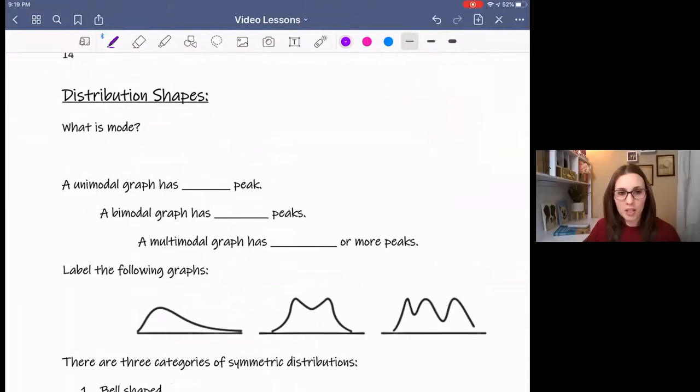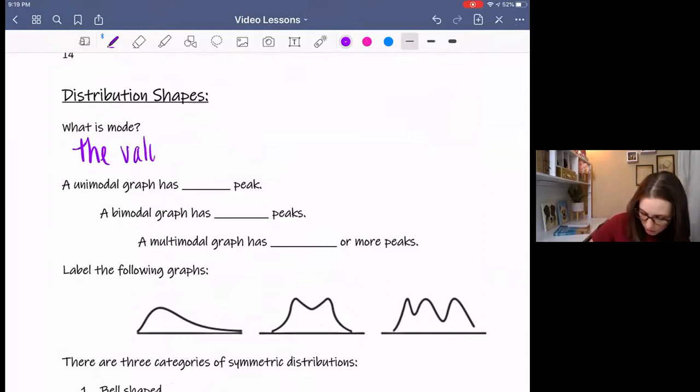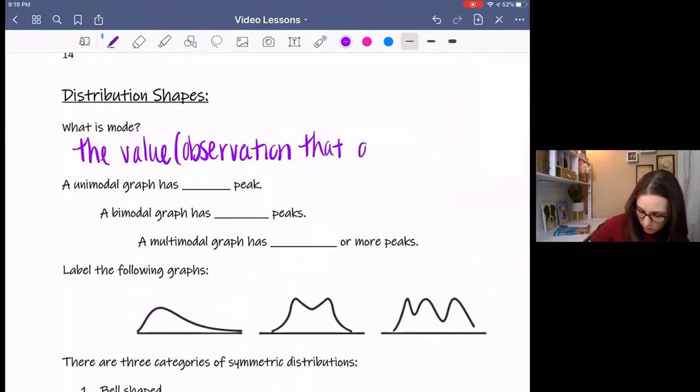So before we get into distribution shapes, we need to know what mode is. Mode is the value or observation that occurs most often.